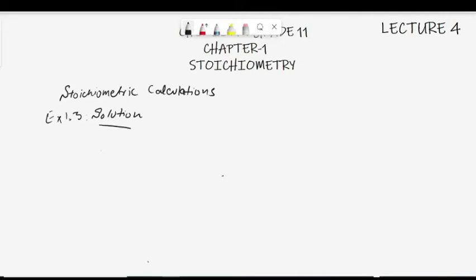Again, to calculate the number of molecules of oxygen, we have to write the balanced chemical equation. Because it's a thermal decomposition, you have only one reactant, and that is potassium chlorate. If you heat it, it will decompose into potassium chloride, and oxygen will be released as a result.